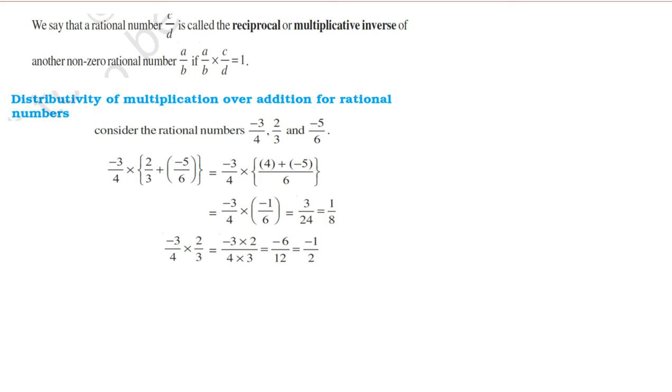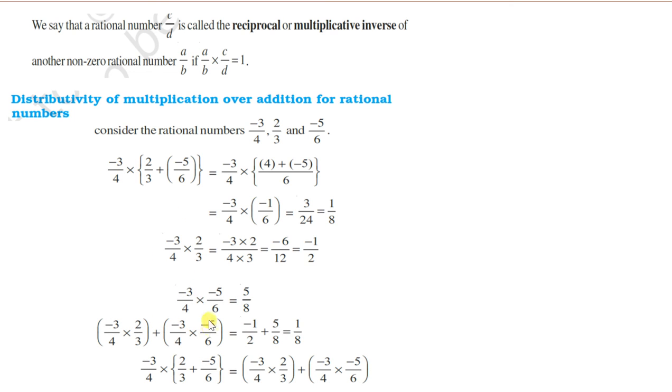Now let us perform another calculation, in which we will multiply minus 3 by 4 with 2 by 3 and then minus 3 by 4 with minus 5 by 6 and add the two. So minus 3 by 4 multiplied by 2 by 3, multiply the numerators and denominators together, you will get minus 6 by 12. After simplification you get minus 1 by 2.